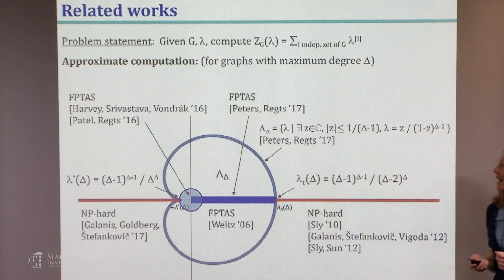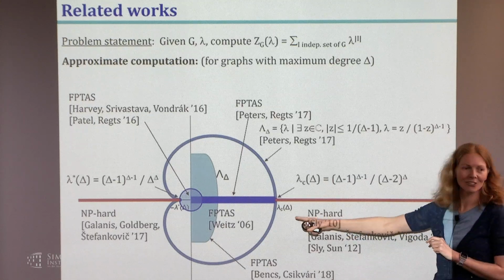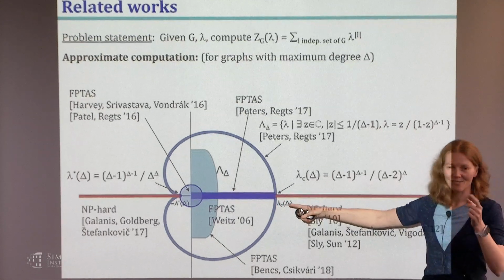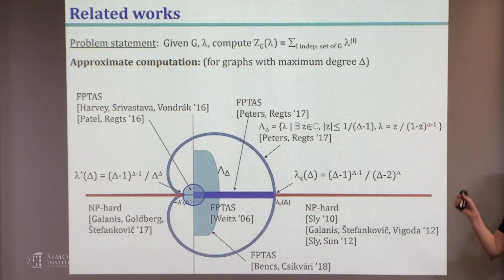Okay? Now, my picture is stuck in 2018. We saw an updated picture. So there is one other thing that is happening in 2018. This is a very crude picture because I am using PowerPoint, and I apologize to Bencs and Csikvári. This is really not what it should look like. Look at Jan's slides or their paper. But they identified a region where the independent set polynomial doesn't have any zeros.